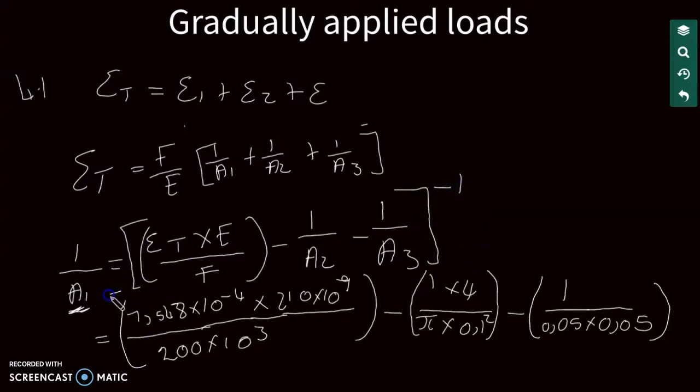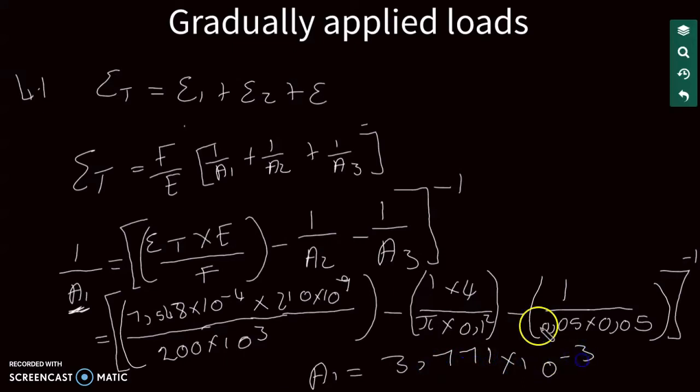After getting the answer here, we are going to say to the power minus 1. Therefore, our area, which is area number 1, will now be given to us as 3.771 times 10 to the power negative 3.